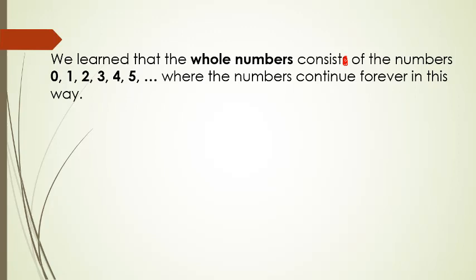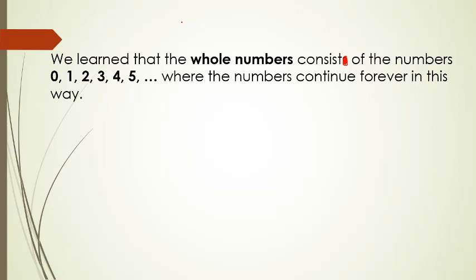That means the set of whole numbers starts from 0 and goes indefinitely. You see, I have 0, 1, 2, 3, 4, 5, where the dot dot dot means that the numbers continue forever in this way. Whenever we are talking about the set of whole numbers, the whole numbers are all of the positive numbers including 0.